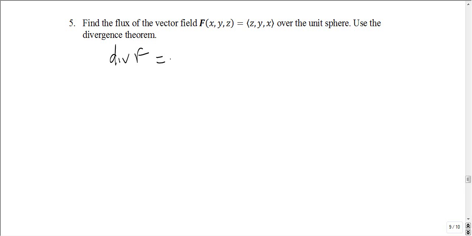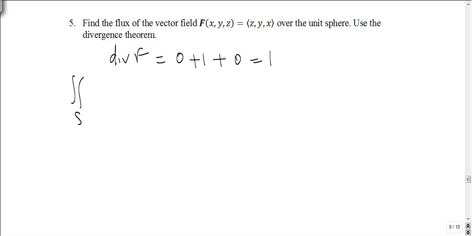It's partial p with respect to x, which is 0, plus partial q with respect to y, which is 1. Right. Partial r with respect to z is 0. So that's 1. Are you with me? Yes.